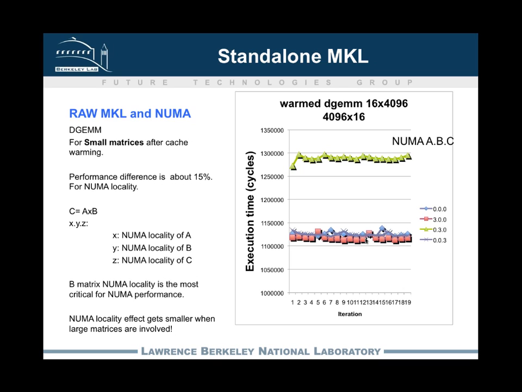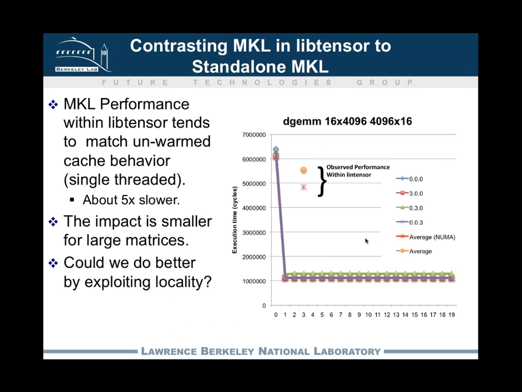So now we collected both: the performance of MKL as a standalone thing, and the performance within Libtensor. The next step we try to do is to contrast the performance we observe within Libtensor with the performance of the standalone behavior.